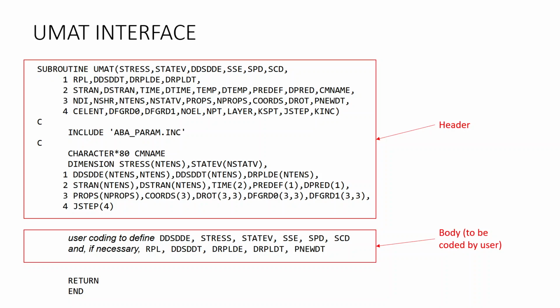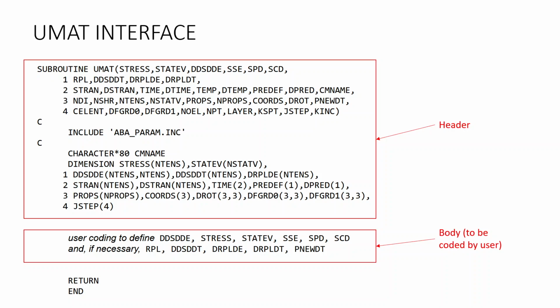This header is common for every UMAT, whether it is a linear elastic behavior or an elastic plastic behavior or a viscoplastic behavior, whatever it is. There are many variables listed in this header. Some of the variables we will be looking at in this video, and some other variables as and when we write UMAT for different applications. As and when we encounter these variables, we will be looking at those.